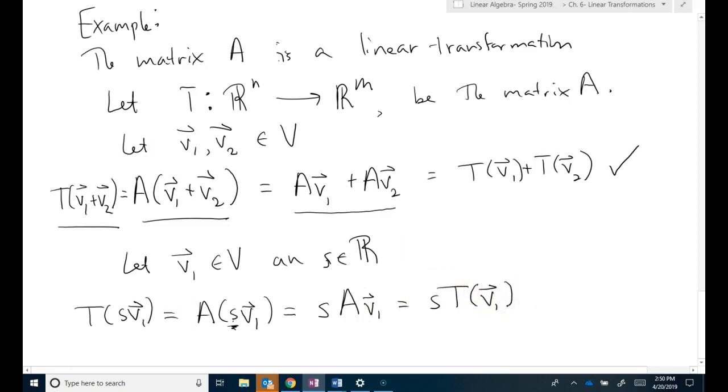Why is it that we can do something like that? Well, that's because A of V1 equals T of V1, right? By definition. Same with A of V2 equaling T of V2 by definition, right?